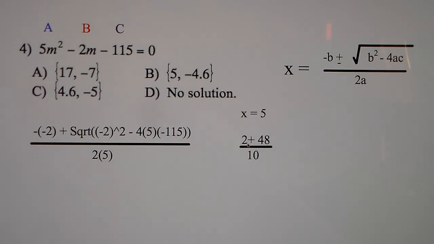Now we did 2 plus. Now we got to do 2 minus 48. Well, 2 minus 48 is -46. And we take -46 and we divide that by 10. And we're going to get -4.6.